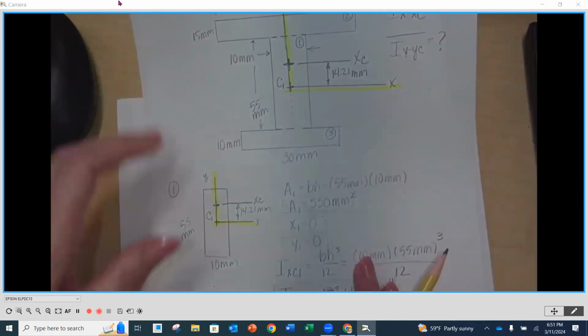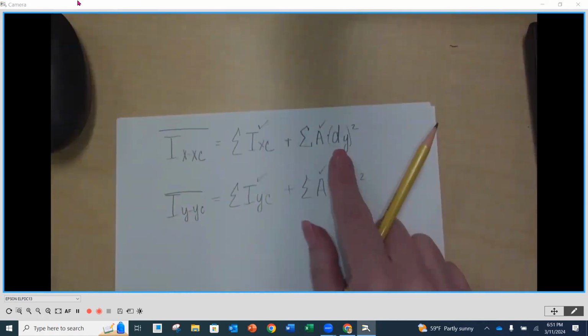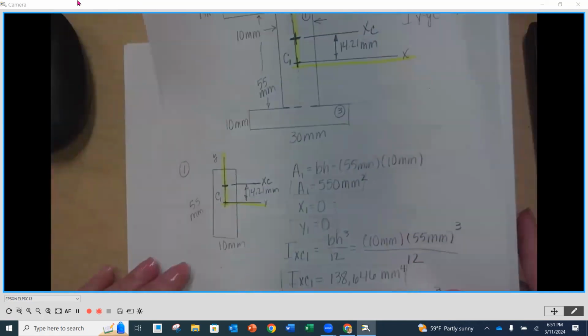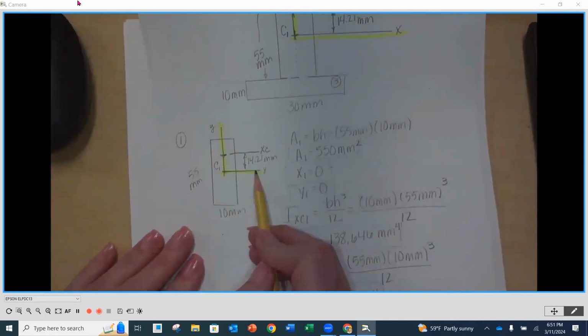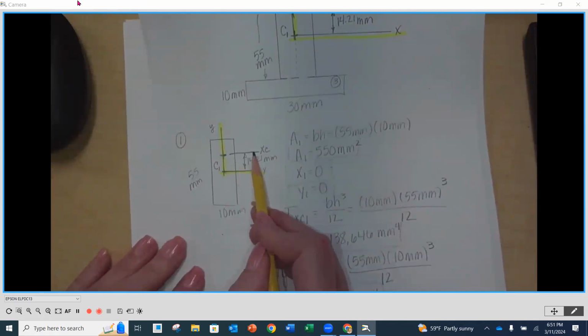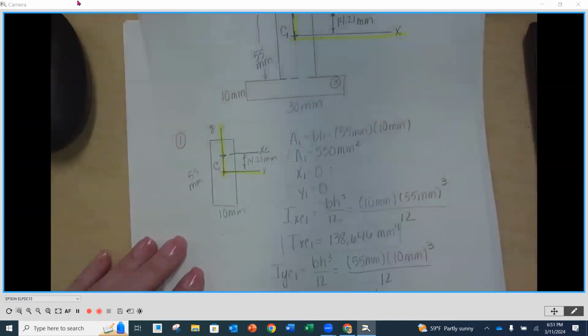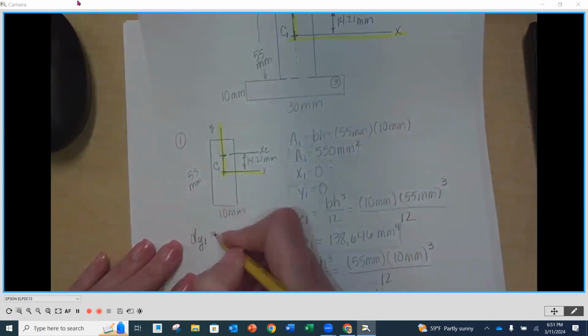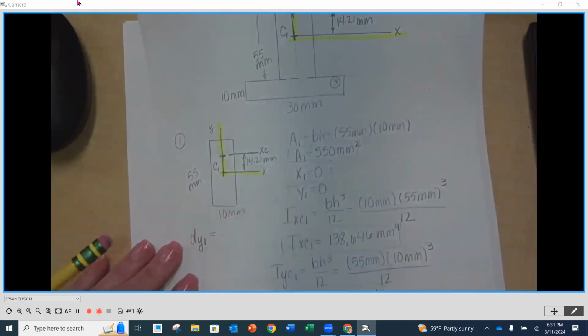So now what we need here is a DY and a DX distance. Our DY is going to be the distance between the original centroidal axis of the shape and the centroidal axis of our composite, and that distance is in a vertical direction. So DY1 is equal to, and what is it? It's direct, it's 14.21 millimeters.